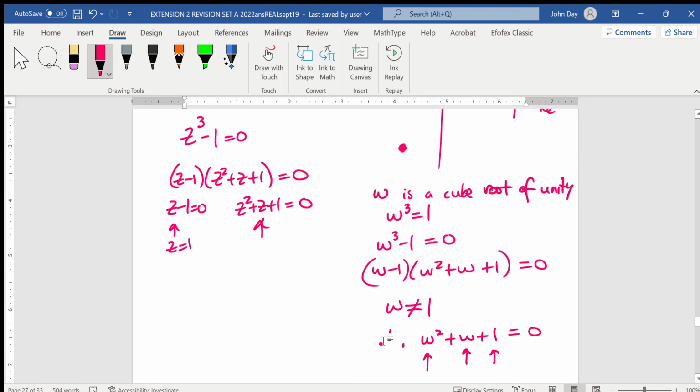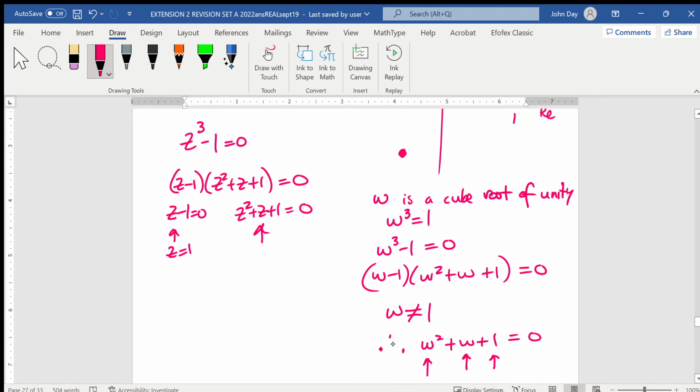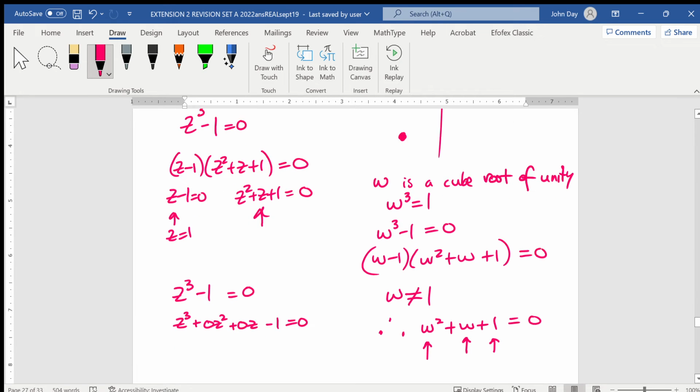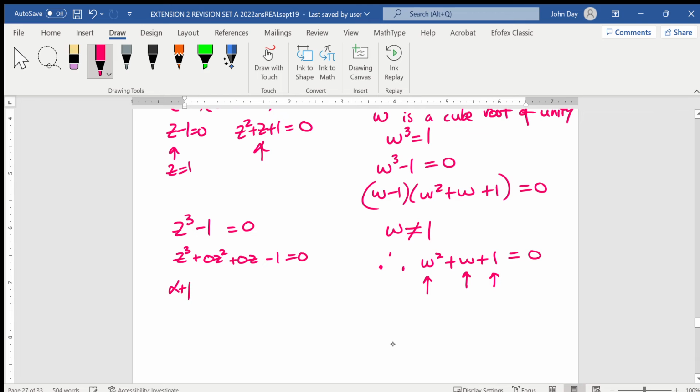If you're still not convinced, you might say, we've got an equation like z cubed minus 1 equals 0. That's actually z cubed plus no z squareds plus no z's and a minus 1 equals 0. We know that the sum of the roots, alpha plus beta plus gamma, is equal to minus b on a, which is minus 0 on 1, which is 0.